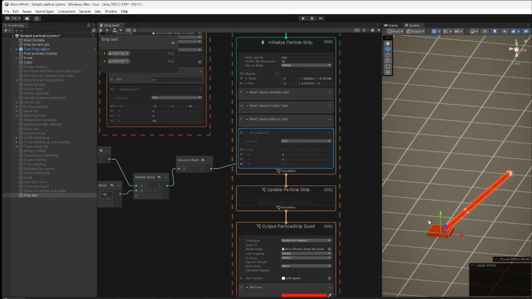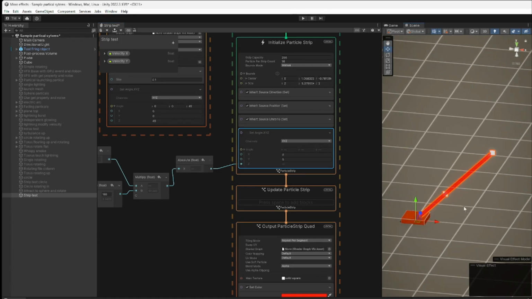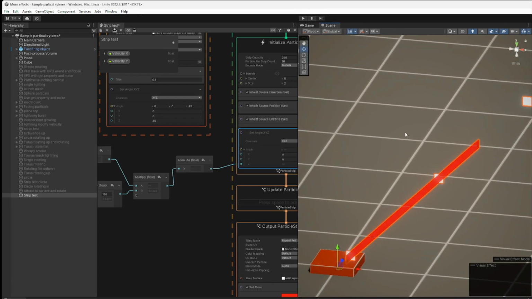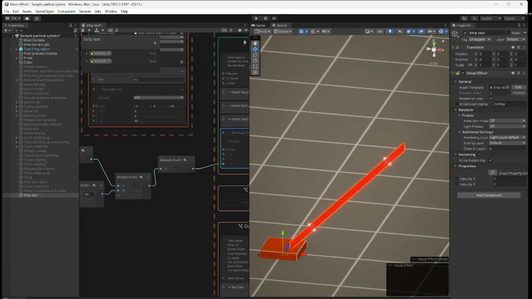Now let's go over here and look, and you can see that my particles are orientated vertically. Just like before with that circle, every time you make a particle strip, it's going to be orientated vertically, which means that, let's shrink this down a little bit and move this back.